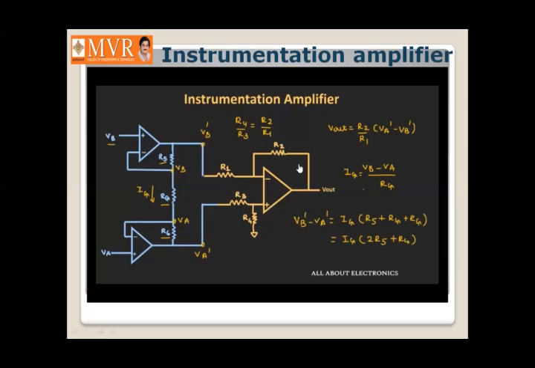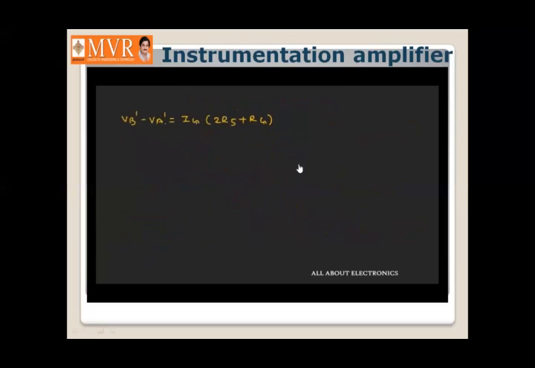So now if you put the value of this current Ig from this expression, then we can write VB dash minus VA dash will be equal to VB minus VA multiplied by 1 plus 2 times R5 divided by this resistance Rg. Or we can say that VA dash minus VB dash will be equal to VA minus VB times 1 plus 2 times R5 divided by this resistance Rg.